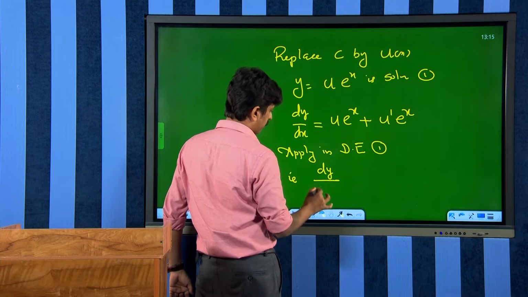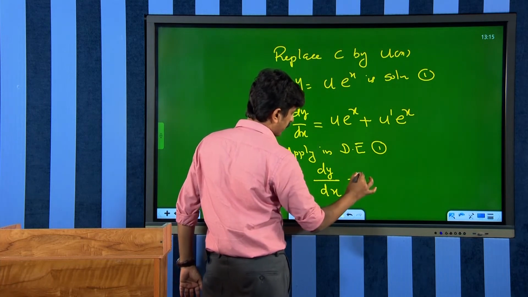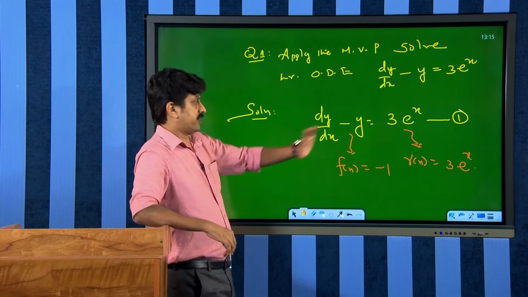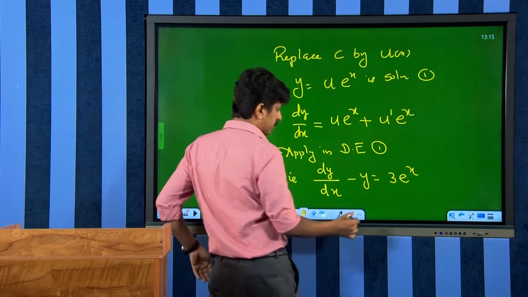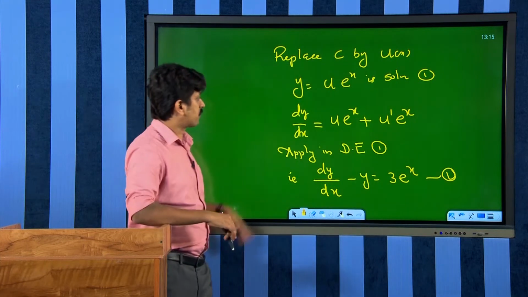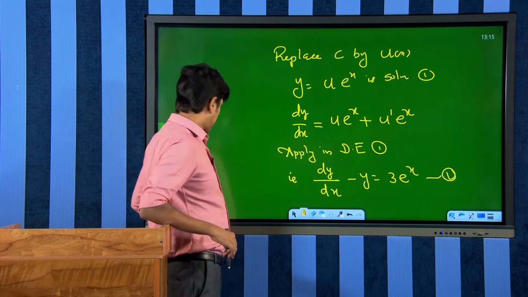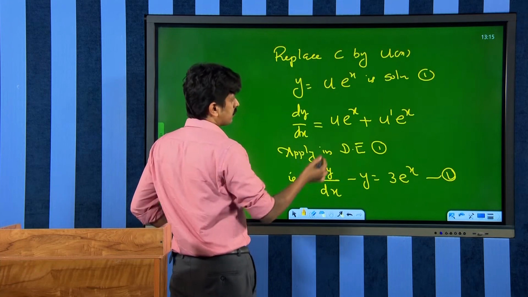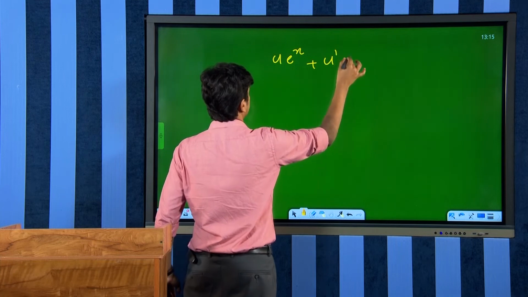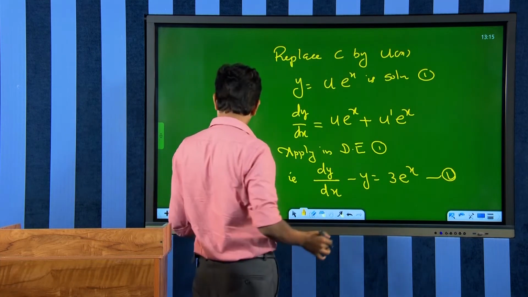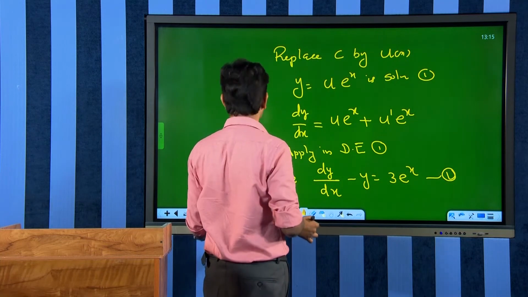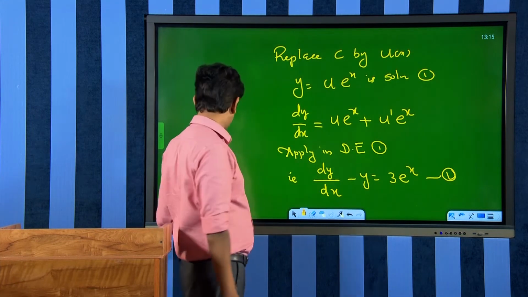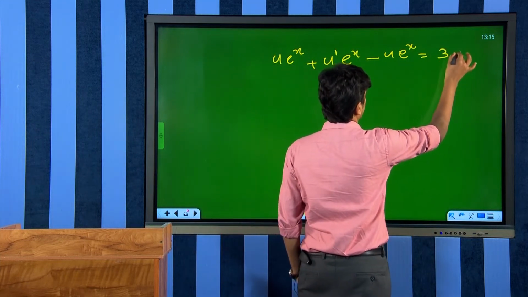So, instead of dy/dx we can write u e raised to x plus u dash e raised to x, and then minus y, that is minus u e raised to x, is equal to 3 e raised to x.